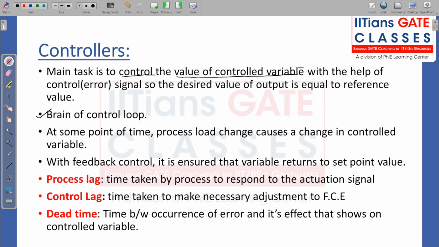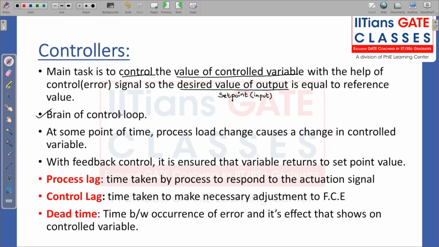Controlled variable means your measured variable, your output, with the help of a control error signal. So the desired value of the output is what? It is my set point, or also called as input in our control system, which is equal to the reference value.